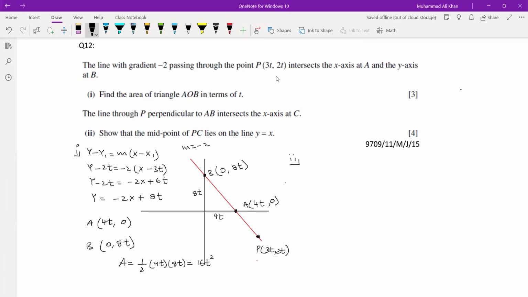Now, second, the line through P perpendicular to AB. The line through P perpendicular to AB. Okay.